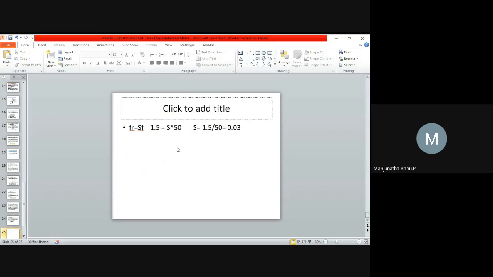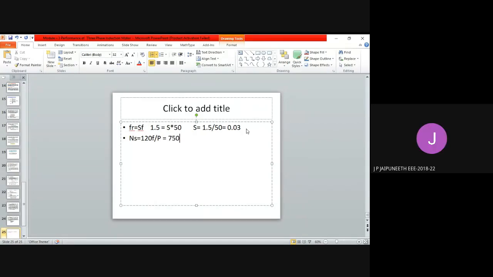So find the synchronous speed. 120 into 50, frequency is 50, P is 8 poles. So 6000 divided by 8, it is 750 RPM.